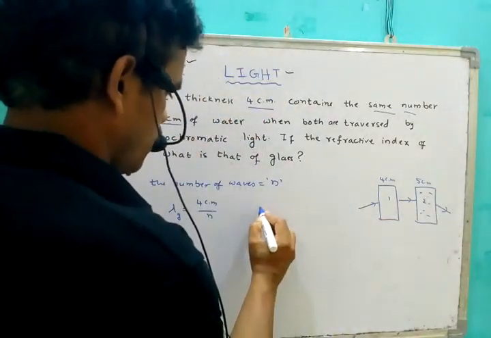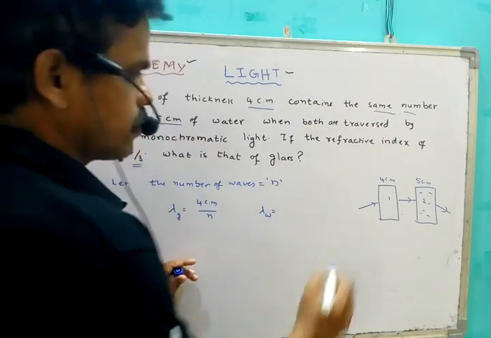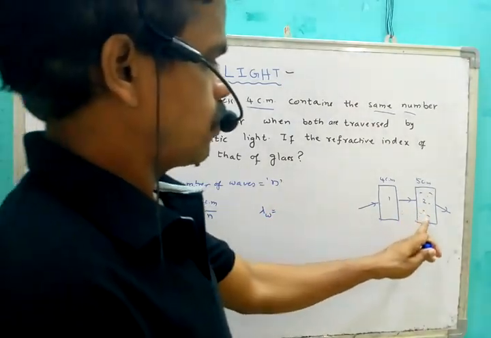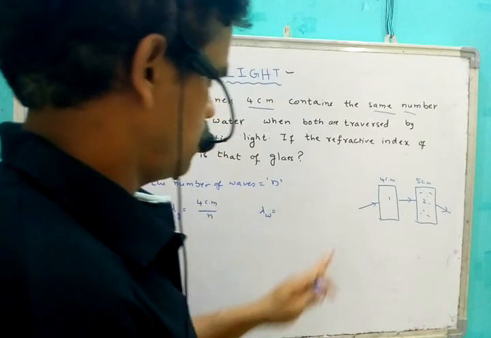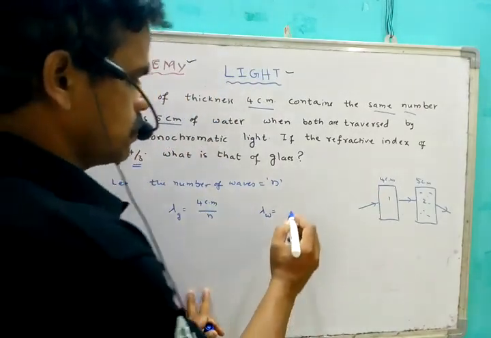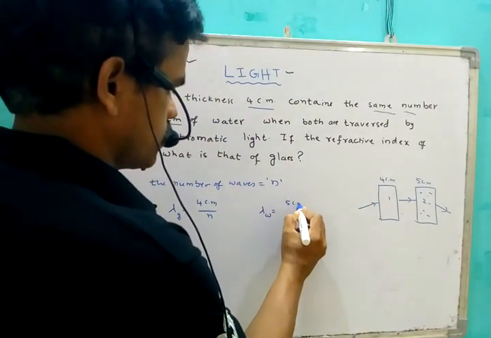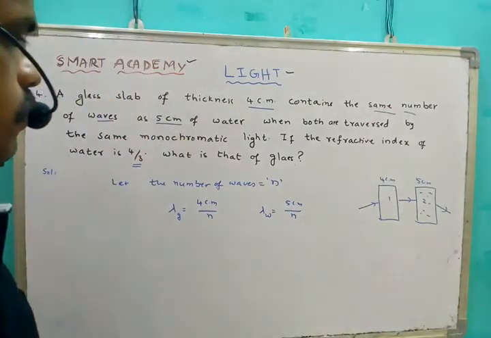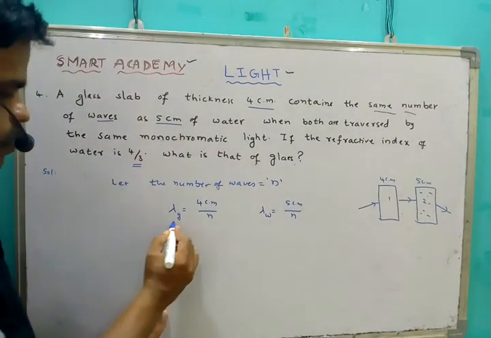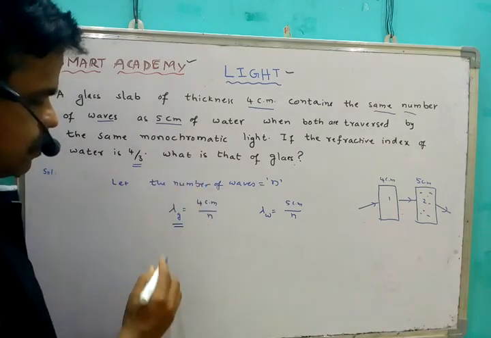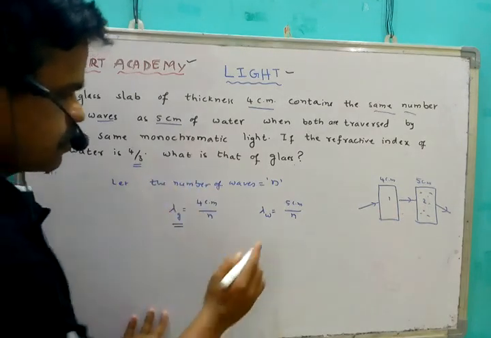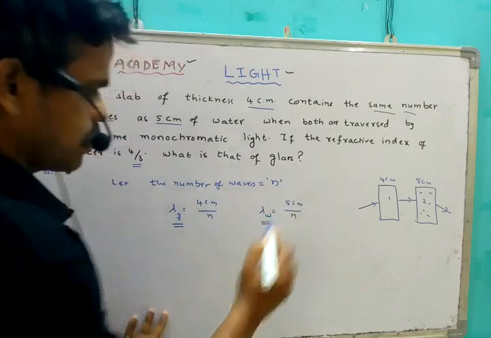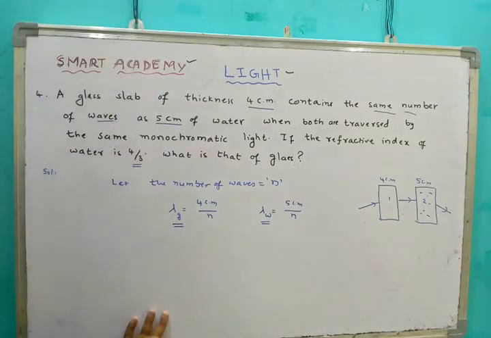One more medium we have here is water. The wavelength of monochromatic light in water is equal to the length of the medium, 5 centimeter, by the number of waves n. So we have lambda g, the wavelength of light in glass, and lambda w, the wavelength of light in water.